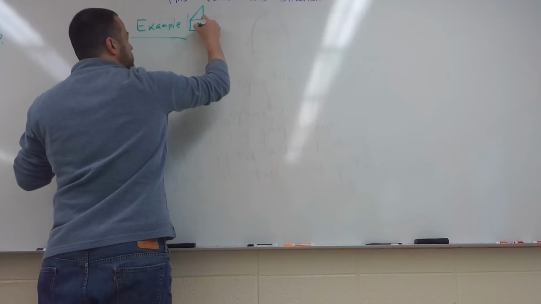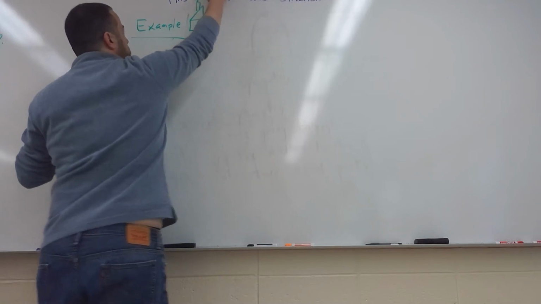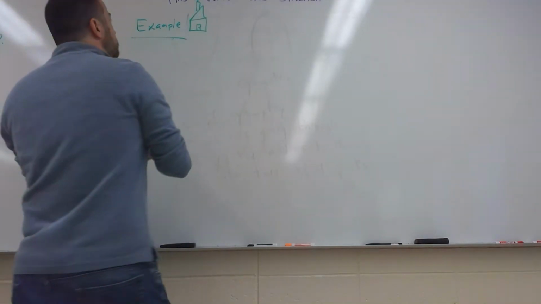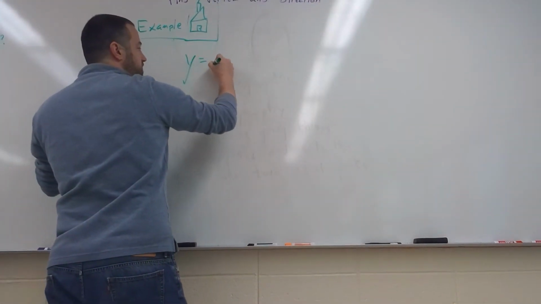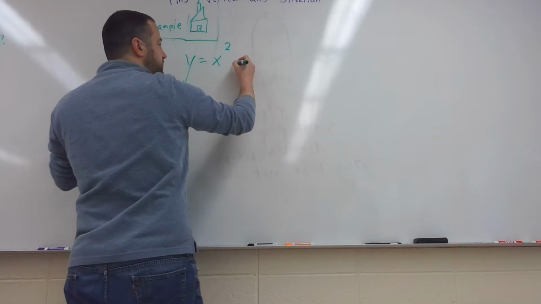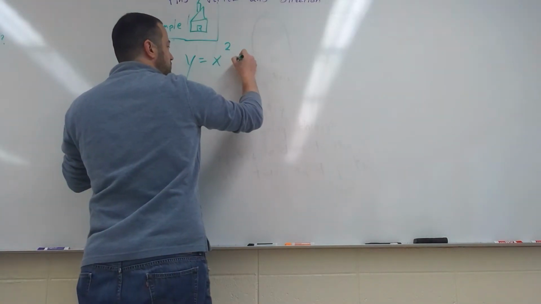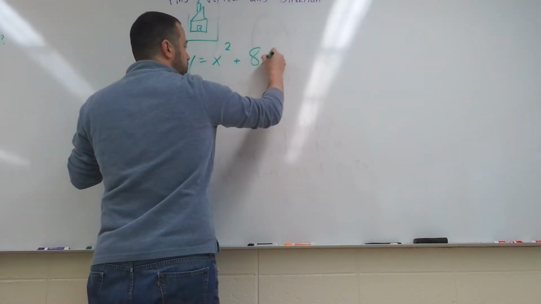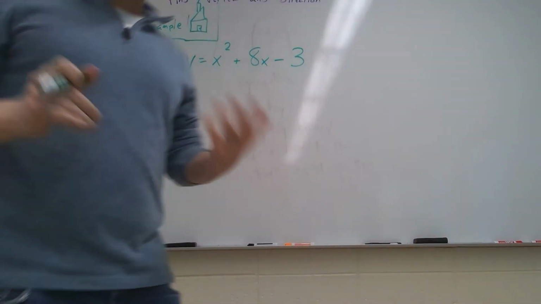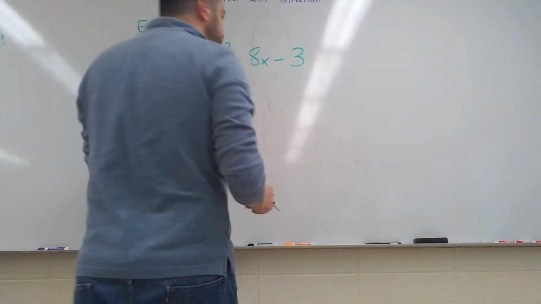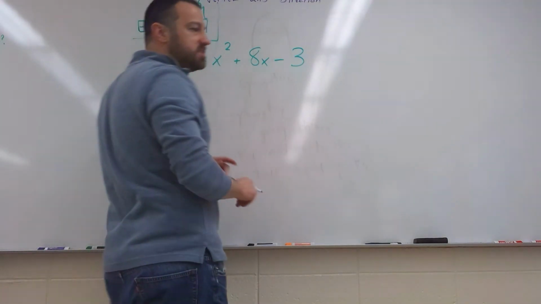So we're finding the vertex and direction. Let's have our example be y equals x squared plus 8x minus 3. The first thing we need to do is find out what a, b, and c are.